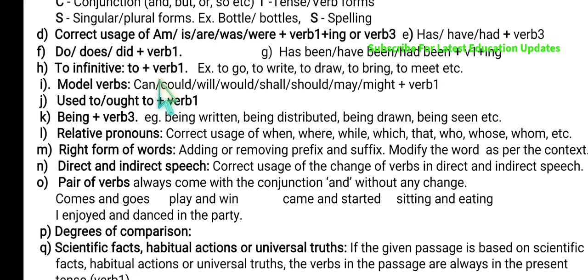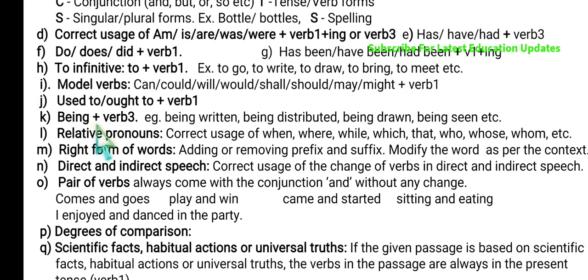Modal verbs means can, could, will, would, shall, should, may, might, and verb 1. Always remember that these modal verbs follow this verb 1 pattern as per the given passage, depending on the context. Now used to, ought to plus verb 1. This is a rare case, but please remember.